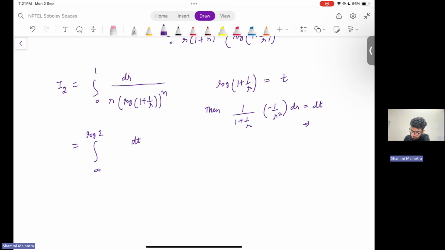This actually implies minus dr over r plus 1 times r equals dt. This also implies that 1 upon 1 plus r is e to the power of t, so r is nothing but e to the t minus 1 whole inverse.